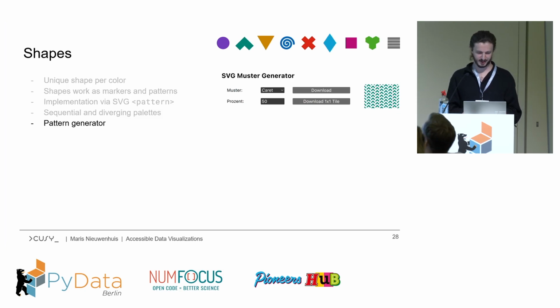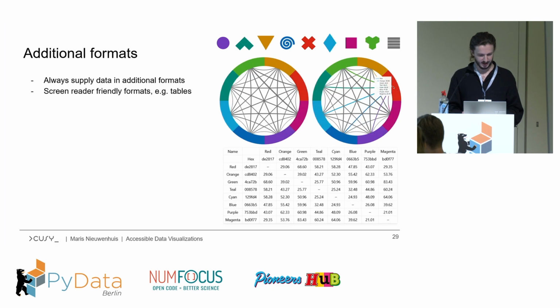Until now, this has mainly been about visual stuff, but we also want to make it accessible to users who are blind, for example. So to display our color palette and the relative differences to each other, I programmed this sort of chord diagram which shows the relative differences between these via a tooltip.